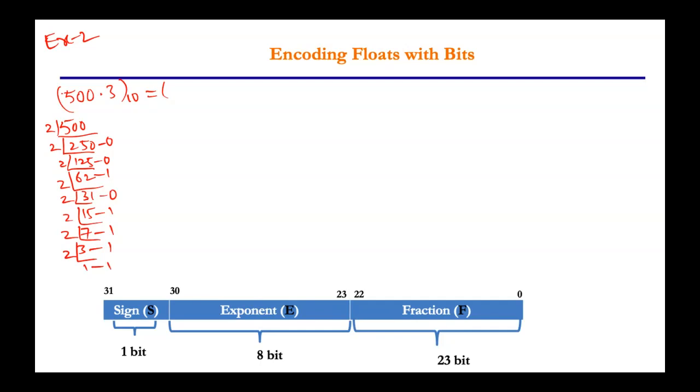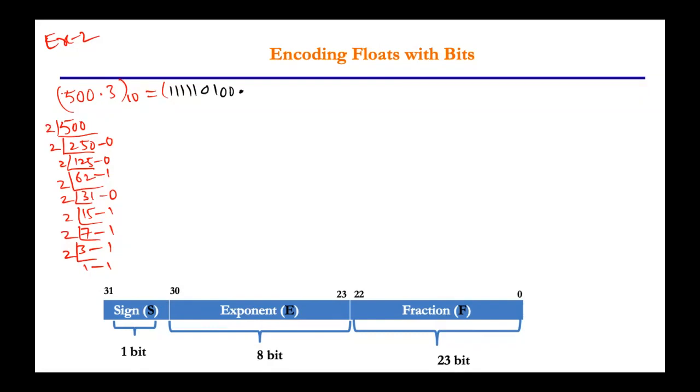When you write this in reverse order, the binary equivalent of 500 is 1, 1, 1, 1, 1, 0, 1, 0, 0.